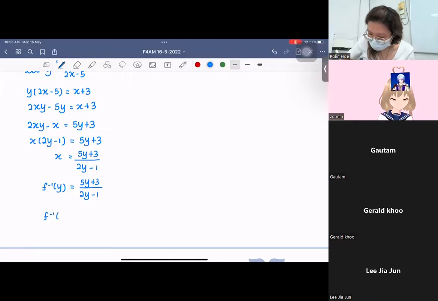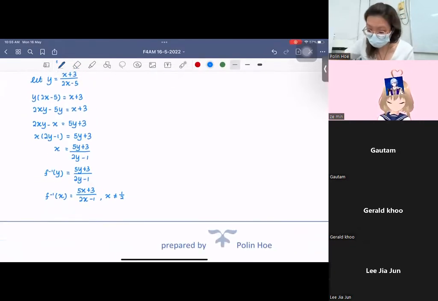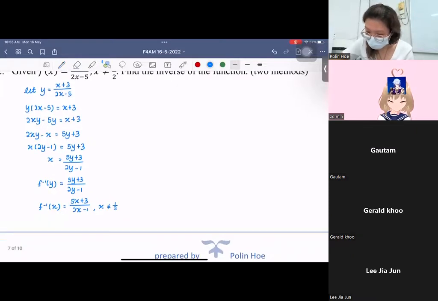But I cannot stop here, because the question asked me to find the inverse of x. So x is not equal to half. This is the first method.